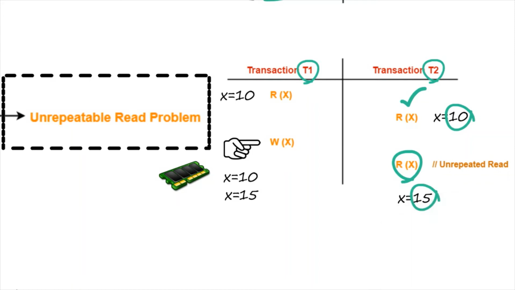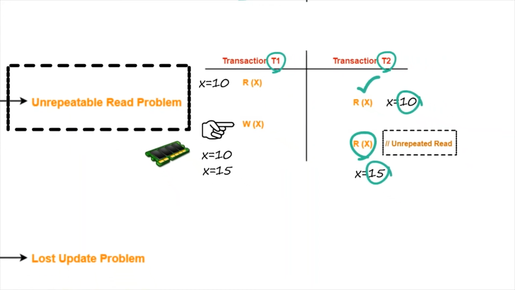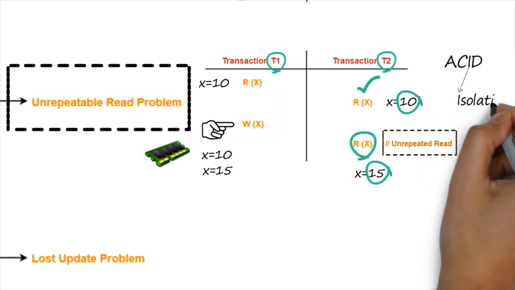So T2 wonders how the value of X got changed. This problem is known as the unrepeatable read problem, because when I was discussing the ACID properties, it was mentioned that we have the property of isolation.